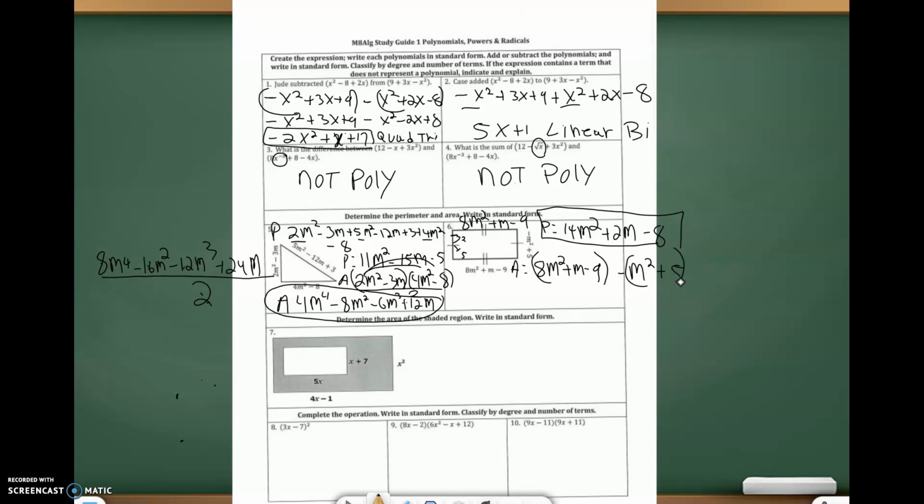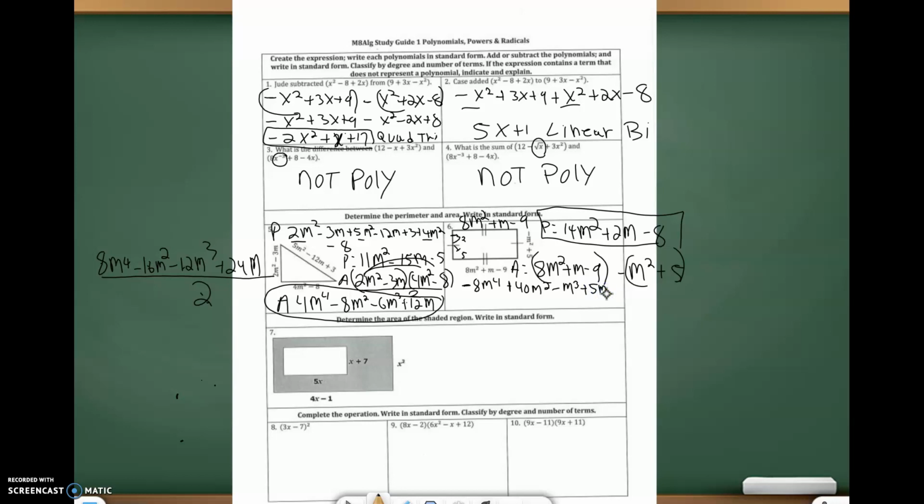And this is going to be kind of a big mess here, but we'll get it together. So we got negative 8m to the 4th, again I'm distributing to those two first, plus 40m squared. Now I'll distribute the next term, negative m cubed plus 5m, and I'll distribute the 9.